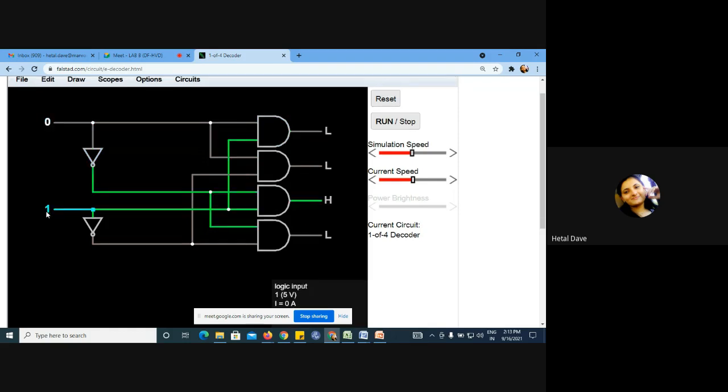If I give 0 0 at the input, then the zeroth gate is high, the rest of the gate outputs low. 0 1, this one is high, the rest low. 1 0, the second number gate. Second number means I'm not counting like 1 2 3, but I have given the numbers 0, 1 and 2. So the second number gate output will be high, the rest low.